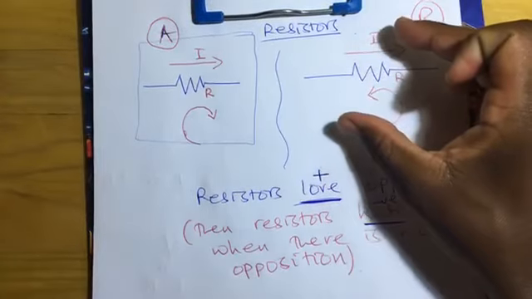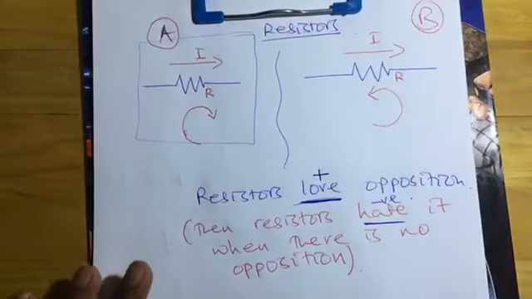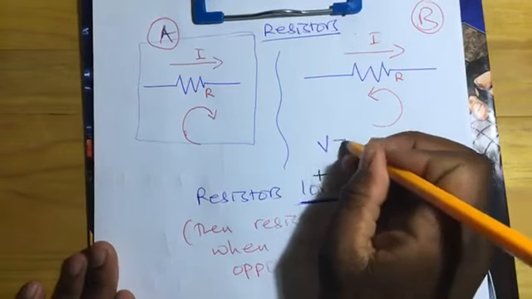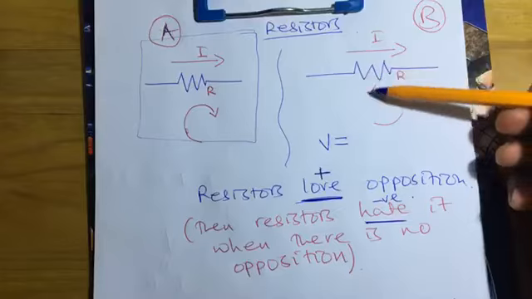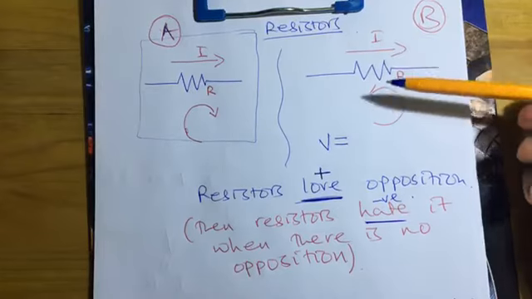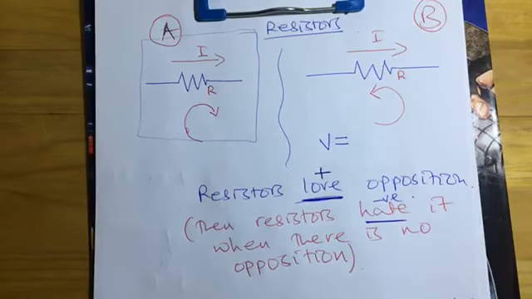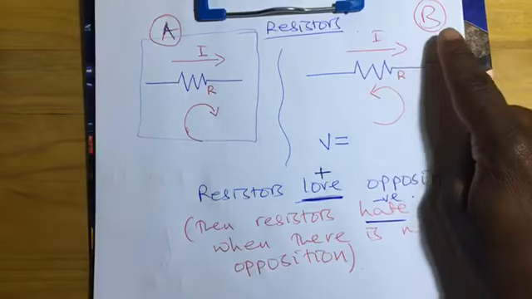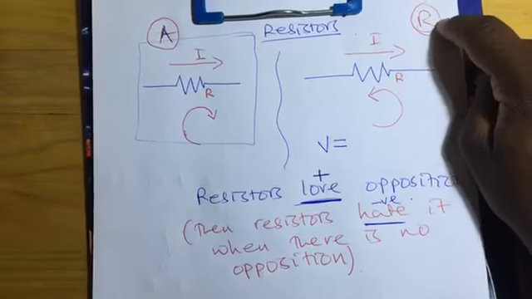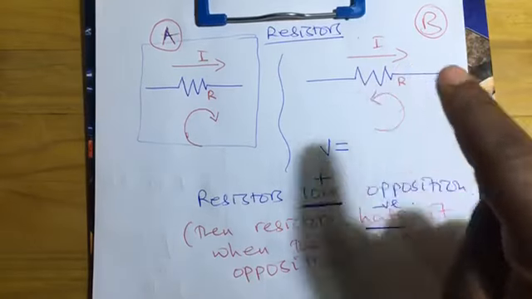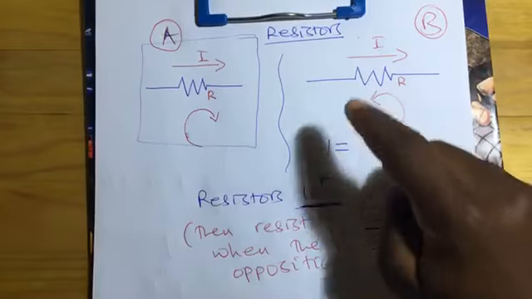Now, the voltage across setup B, we're going to say V is equal to. Because we have opposition here, is the sign for the voltage going to be positive or negative?